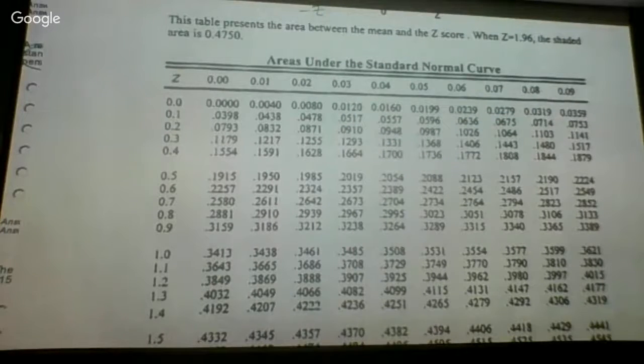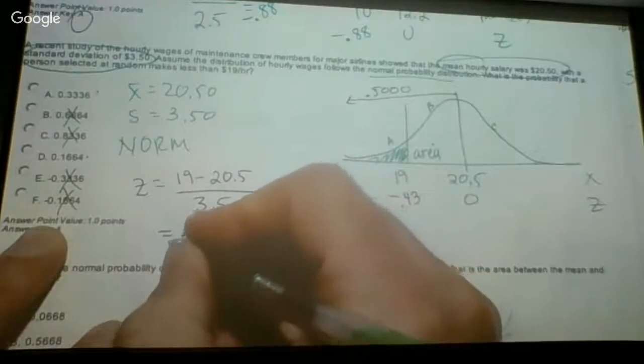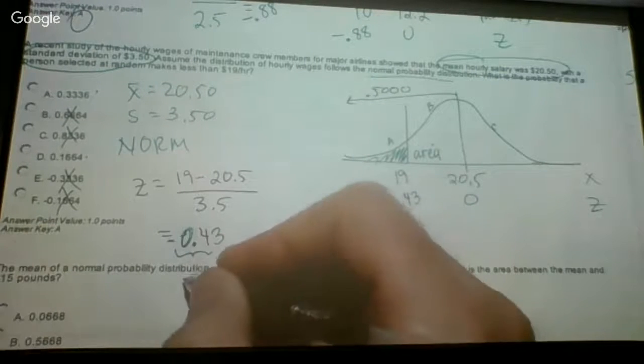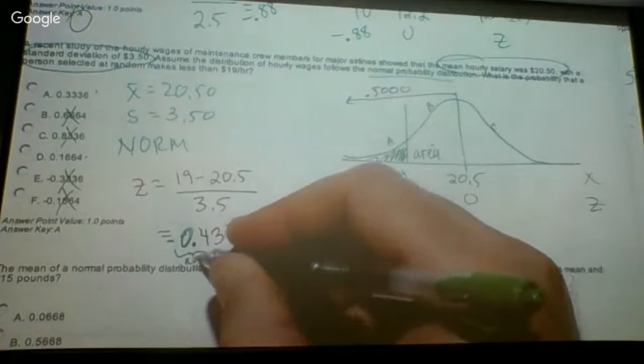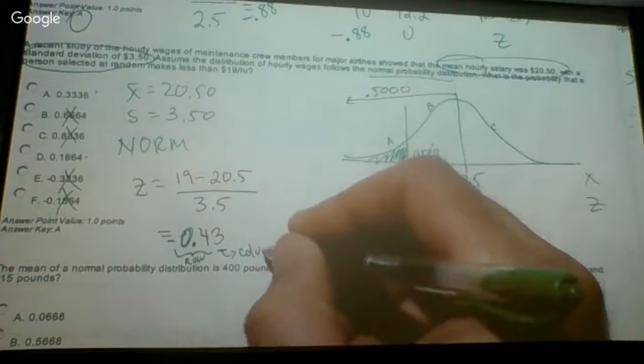And remember when you're looking at these z-scores, negative 0.43. This first part, 0.4, that's what determines the row. And then this part right here determines the column.